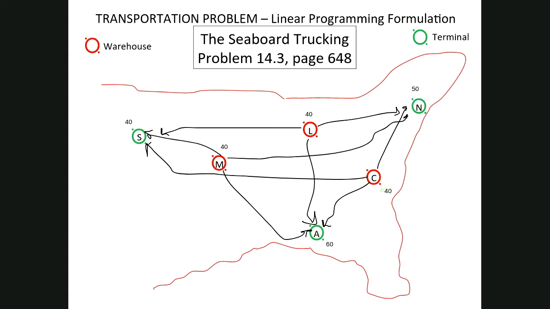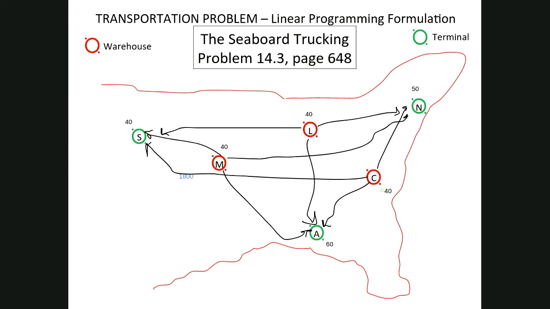I'm just going to pick one example, from Charlotte to St. Louis, which is this route. If we ship from Charlotte to St. Louis, we're going to earn $1,800 for each truck that goes on that route.